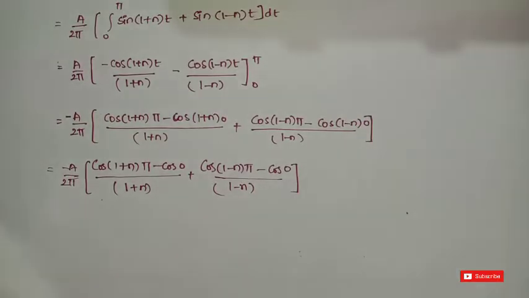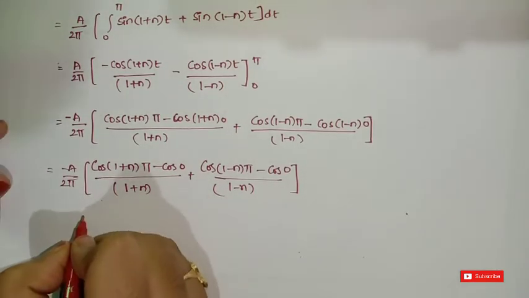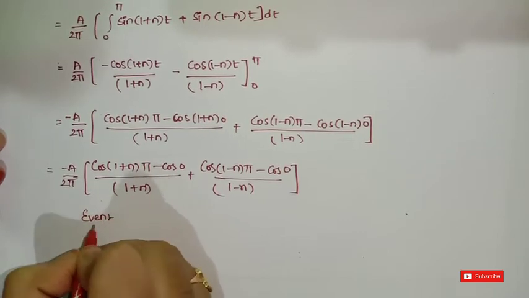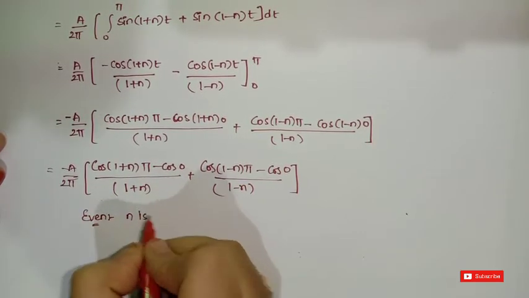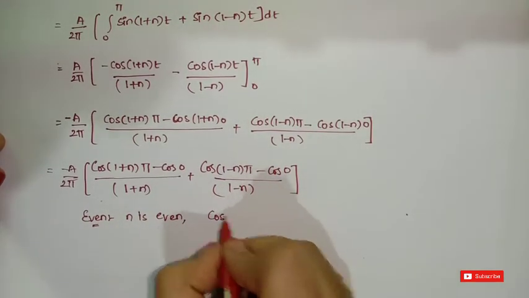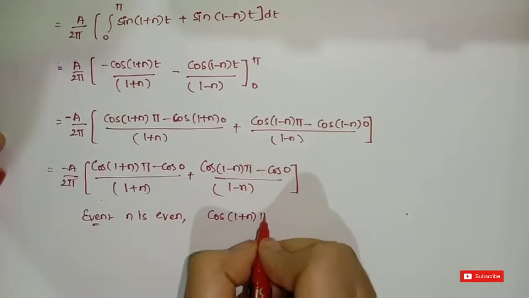Cos value is not at all same for even values of n and odd values of n. For this, now we have to calculate the cos pi values for both even and odd cases. First, let us consider the case of even. If n is equal to even, then cos of (1 plus n) into pi.